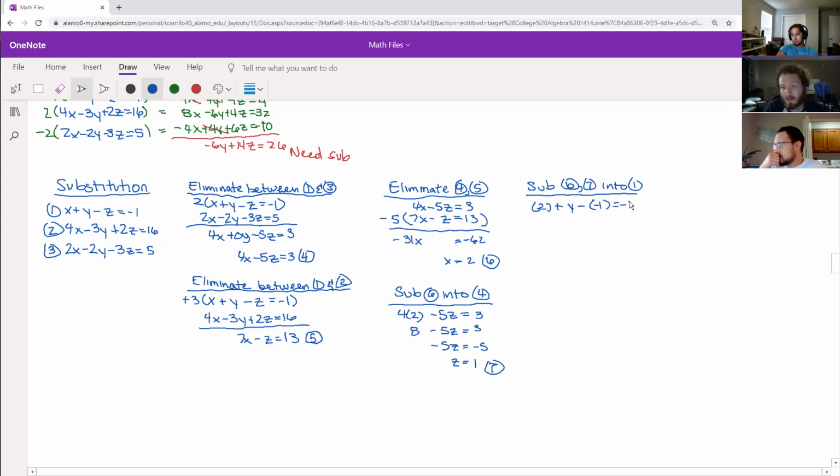And this is equal to negative 1. So we get 2 plus y plus 1 equals negative 1. What do we get here? This is 3. If we subtract 3 to the other side, negative 3 minus 1 is negative 4. All right. Isn't z just 1?